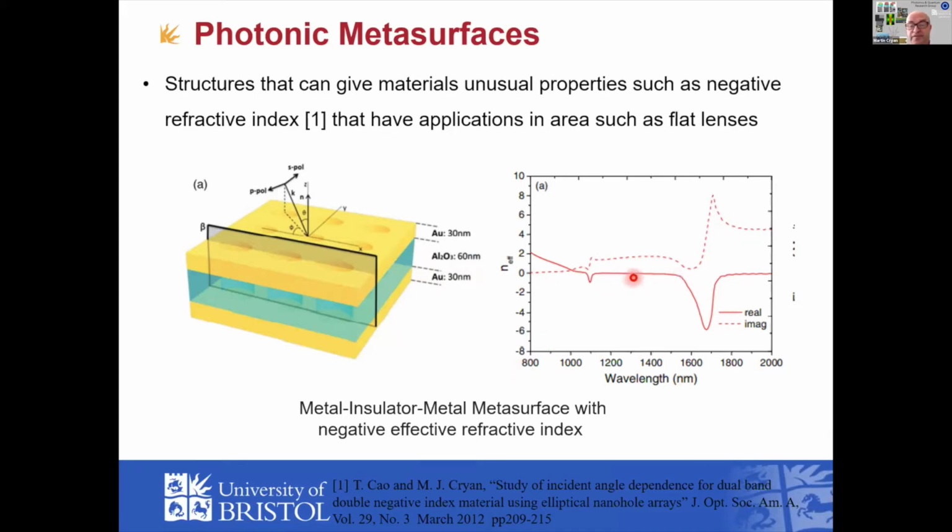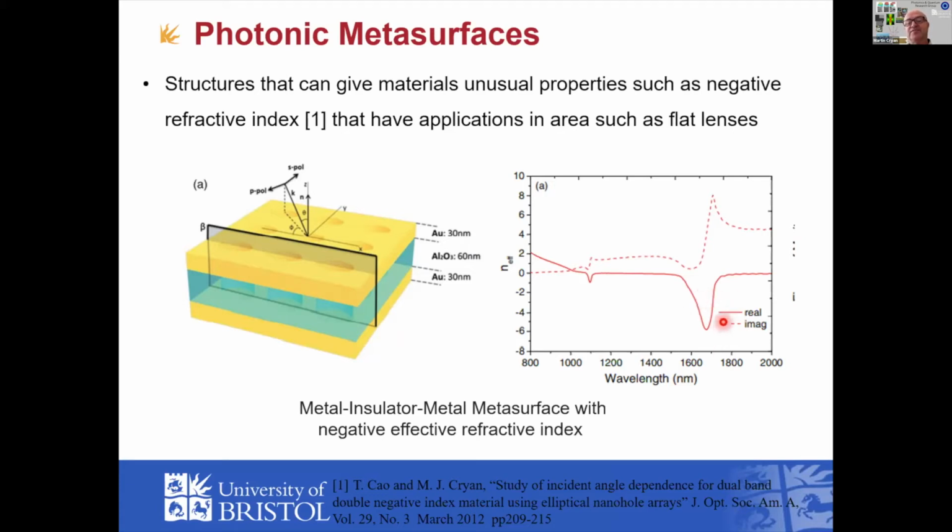So normally for a normal material, the real part of the refractive index must always be greater than 0, and the imaginary part must also be greater than 0. But here, across this particular range of wavelengths, we've generated this region of negative effective index.